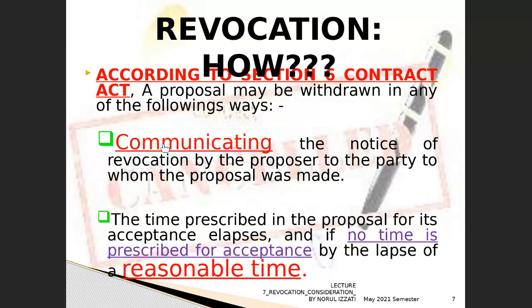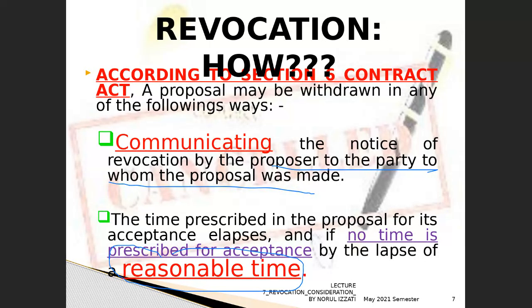A, the offerer, has to communicate saying, okay, I would like to cancel my offer. The notice of revocation by the proposer to the party to whom the proposal is made. Look at the words to the party to whom the proposal is made. This is the offeree. Number two, the time prescribed in the proposal for its acceptance has elapsed, or if no time is prescribed, it must be done in a reasonable time, as long as it's before B gives acceptance.